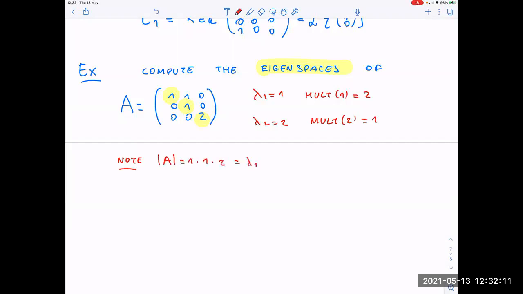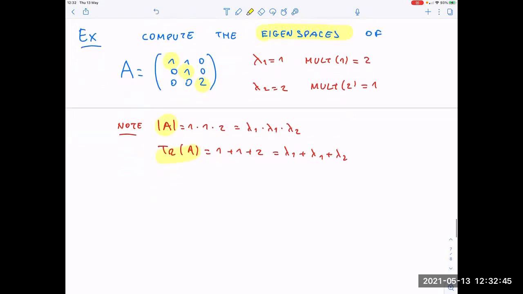So it is lambda 1, lambda 1, lambda 2. So it's the product of the eigenvalues. And the trace of A is just 1 plus 1 plus 2. So it is lambda 1 plus lambda 1 plus lambda 2. So what is always true is that trace and determinant have a connection with the sum of the eigenvalues and the product of the eigenvalues. Okay, so these are the 3 eigenvalues of matrix A.